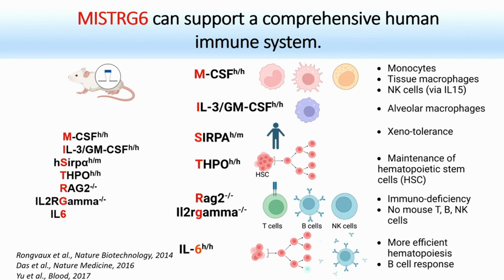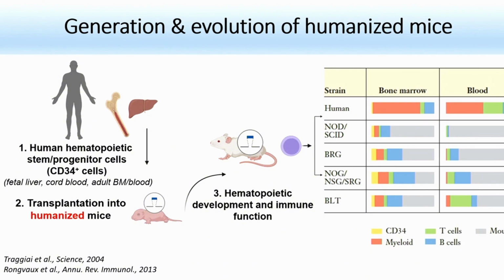And what that does together is create a mouse whose immune environment is able to develop human cells. Now that mouse doesn't have human cells in it unless we stick them in it, right? So we do that. That's this part that I just mentioned.